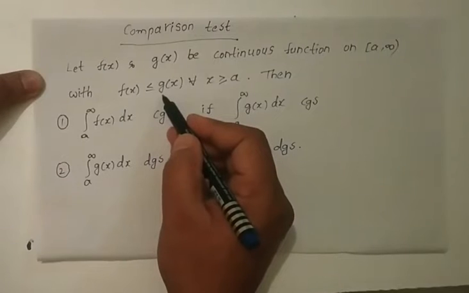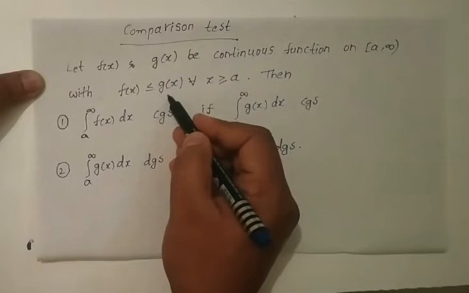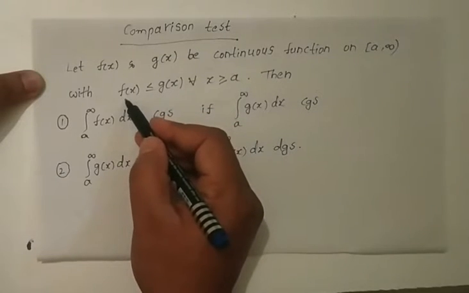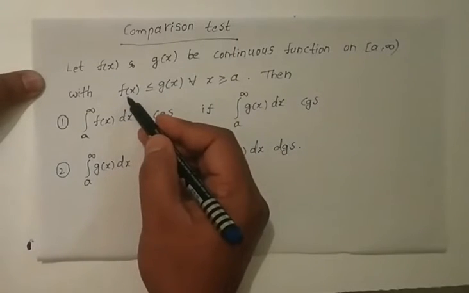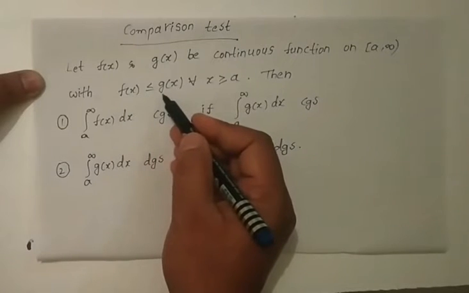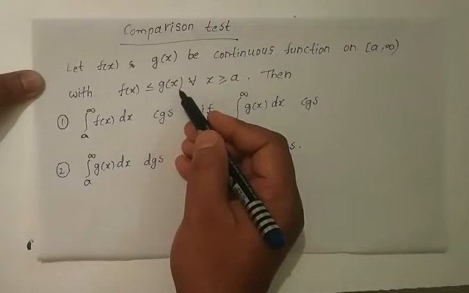If the integral of g converges, then the integral of f is also convergent. If the integral of f diverges, then the integral of g is divergent.